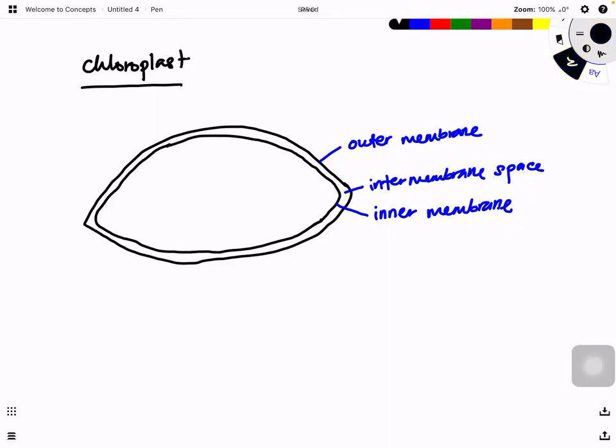Inside the chloroplast, we have something like a flattened sac that stacks up together like this, and they are interconnected. Can you see that they stack up together and are interconnected?